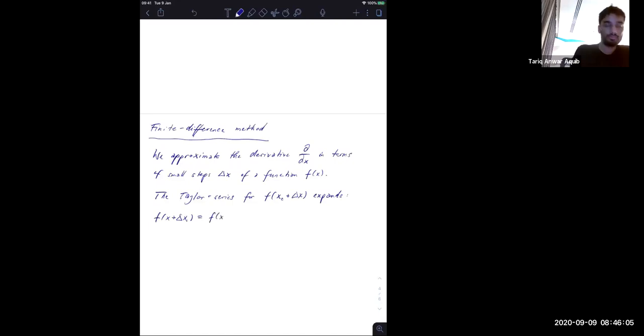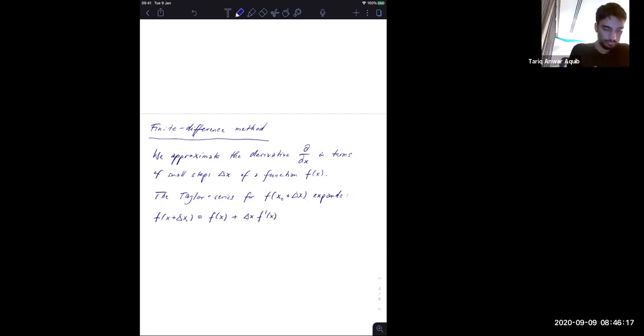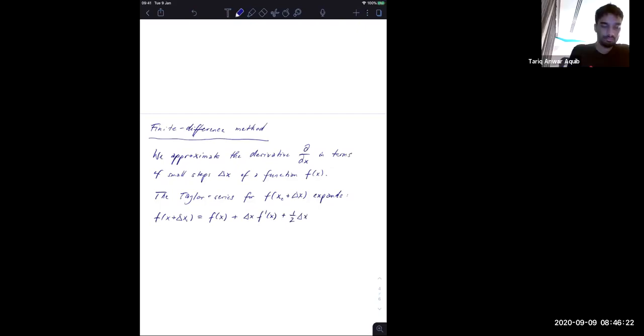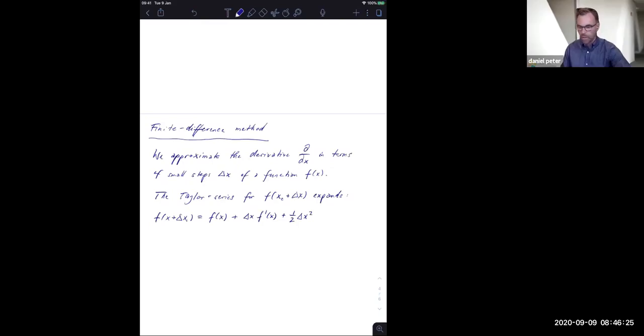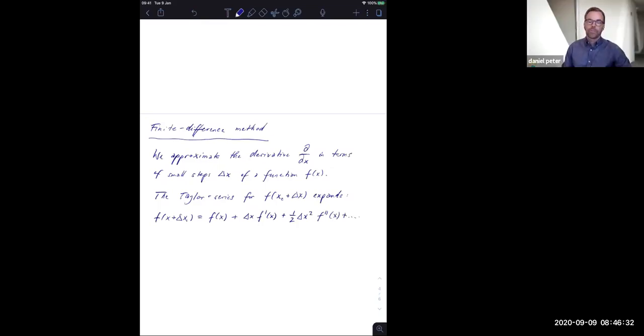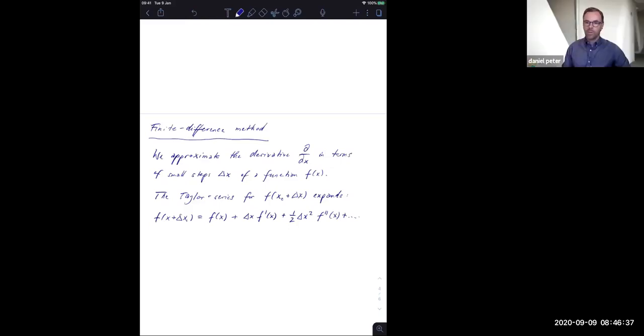We can write it as f of x plus delta x times the first derivative of f of x plus the second order derivative times delta x squared, and so on and so on and so on. I assume you're familiar with the Taylor series, so this shouldn't look too new to you.